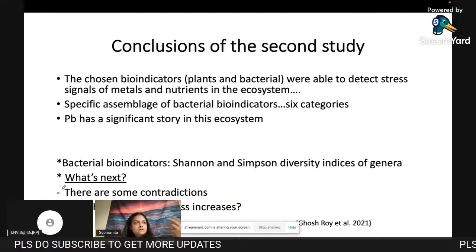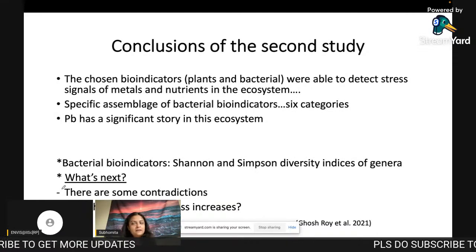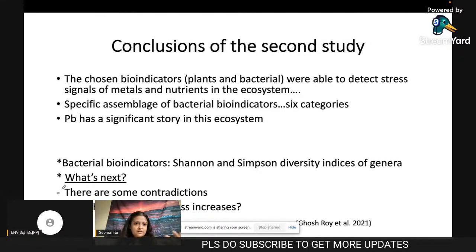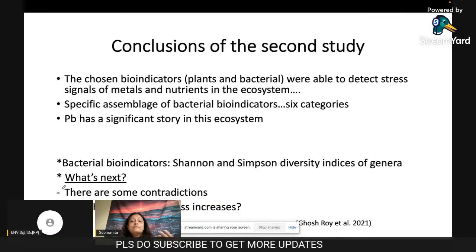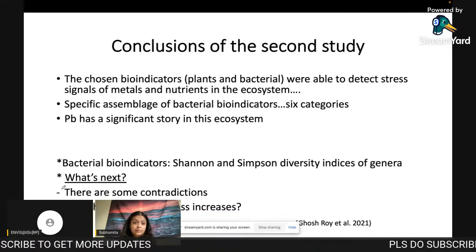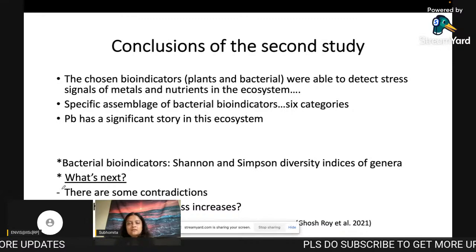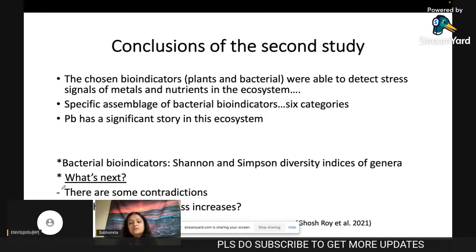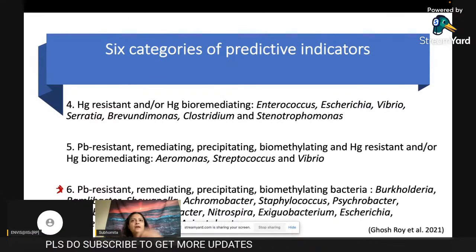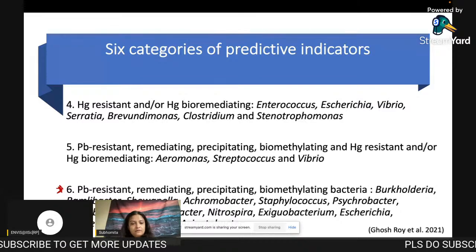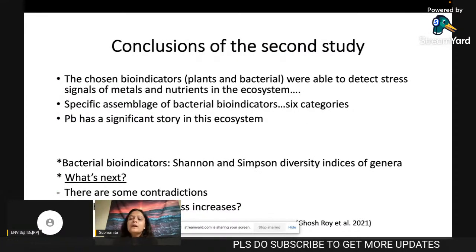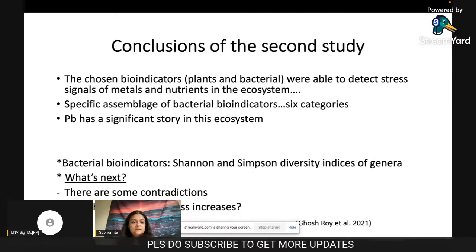Even though these wetland sites have lead in them, which is not surprising because it's close to industries and commercial lots, and they often generate this kind of heavy metal loaded pollutants, there are some special types of bacterial indicators, which justify why they are still able to maintain that diversity. So therefore, definitely these bioindicators were able to detect stress from the ecosystem.